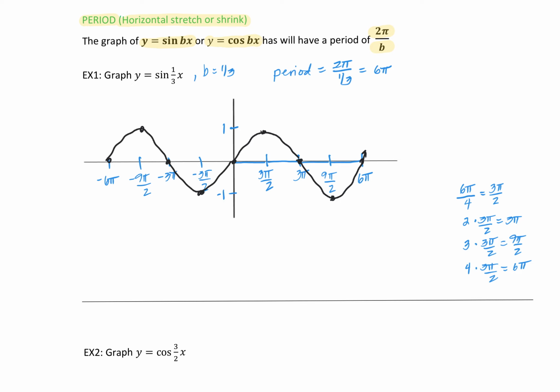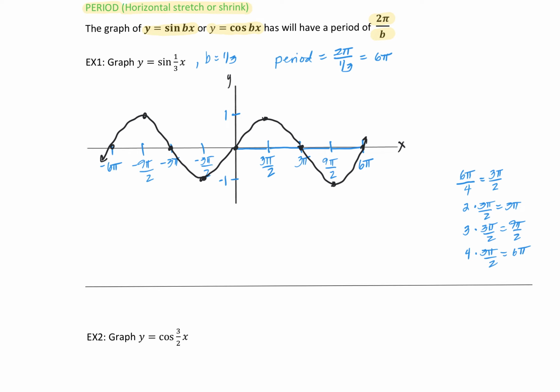And we are done. And we've actually graphed 2 periods. So what do you have to label if you're hand graphing? Well, you have to label those 4 key points on the axis if you're graphing just one period. If you're doing more than one period, just remember to graph those key points on the x-axis. And then on the y-axis, you would have your amplitude.